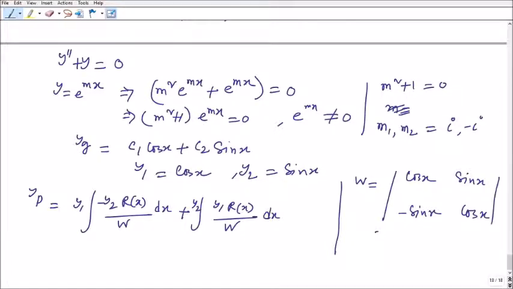So this is cos square x plus sin square x, that is equal to 1. So w is not equal to 0, which is 1.